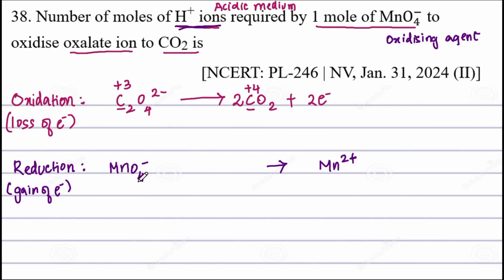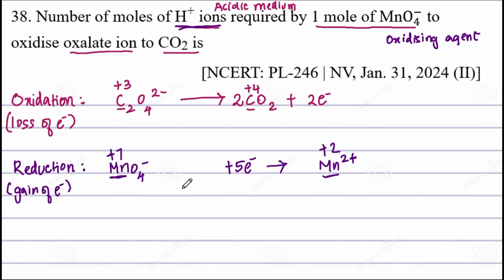In previous problems we saw the oxidation number of manganese in MnO4 minus is plus 7. Then in product the oxidation state of manganese is plus 2. So from plus 7 to plus 2, the change in oxidation state is 5. 5 electrons are gained. We know reduction is gain of electron, so the difference has to be written in the reactant side, plus 5 electrons.